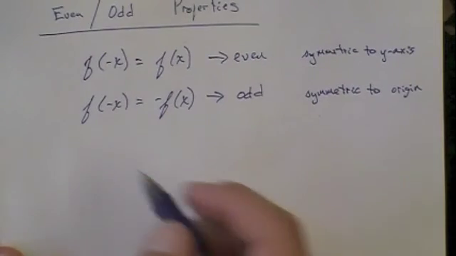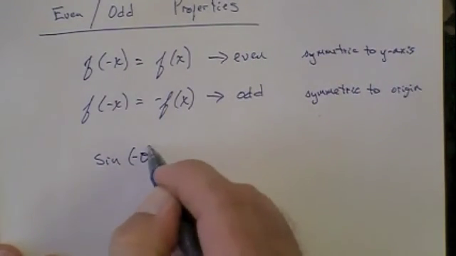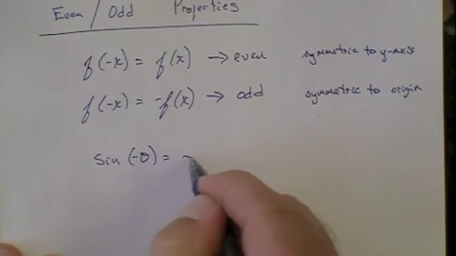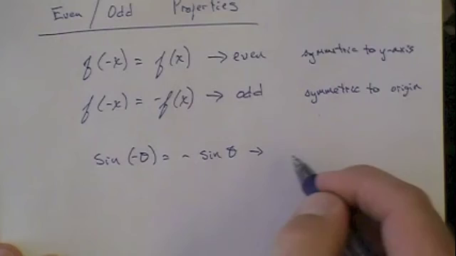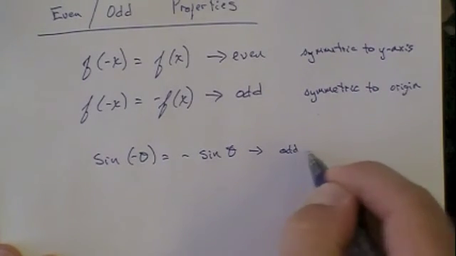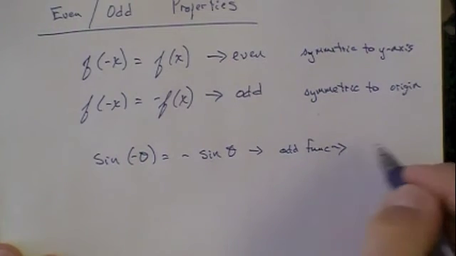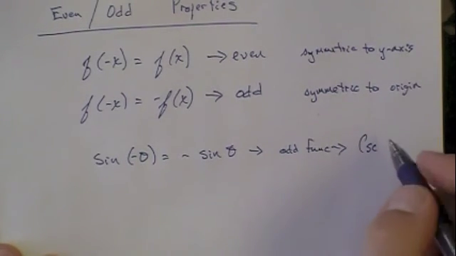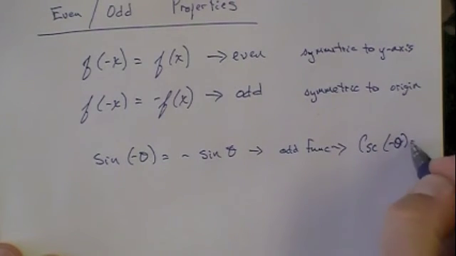So if we look at the sine of, and let's say we plug in the opposite of theta, that's going to give us the opposite of sine of theta. Sine is an odd function. So that means that also cosecant is an odd function.